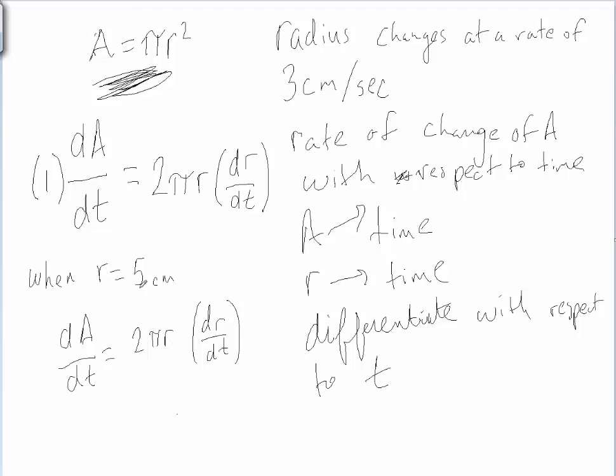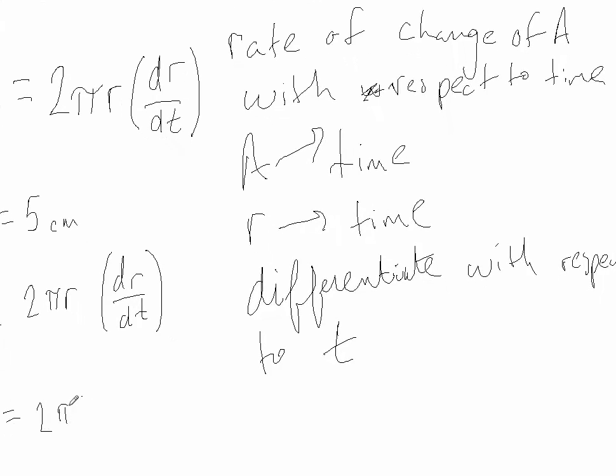We know r, which is this, and we know dr dt, or the change in radius with respect to time. It's this, 3 centimeters per second. So simply plugging and chugging, we've got 2 pi times the radius times derivative of r with respect to t.